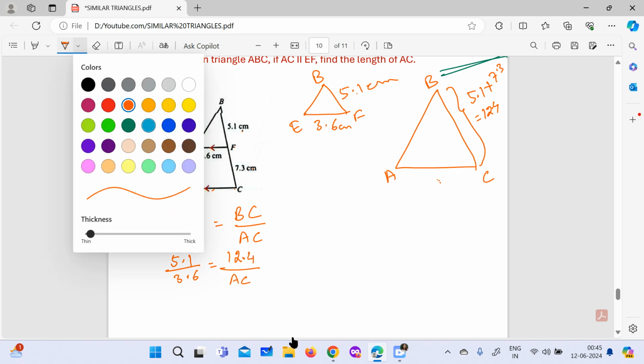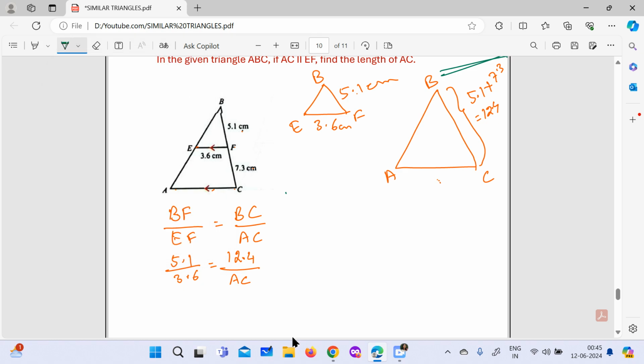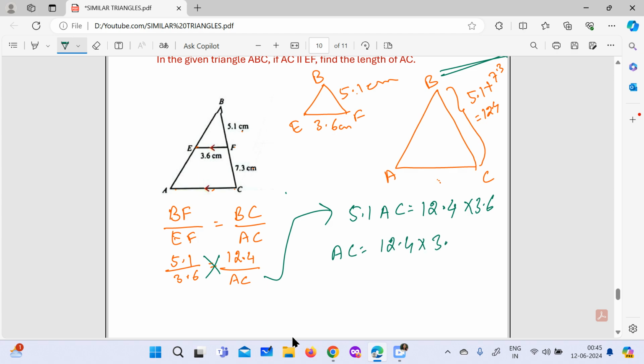Now we can cross multiply, and on cross multiplication you will get 5.1 AC equals 12.4 times 3.6. Then AC equals 12.4 times 3.6 over 5.1.